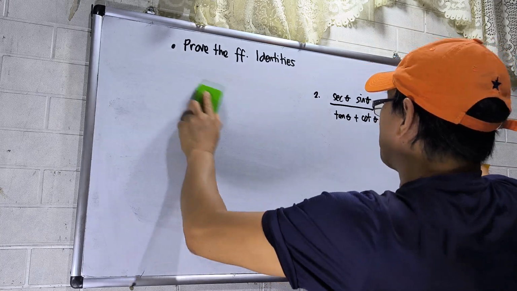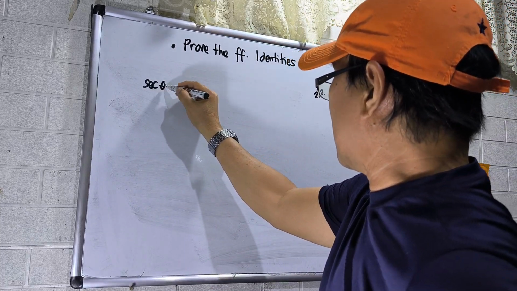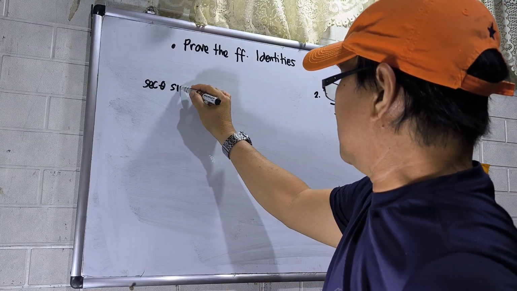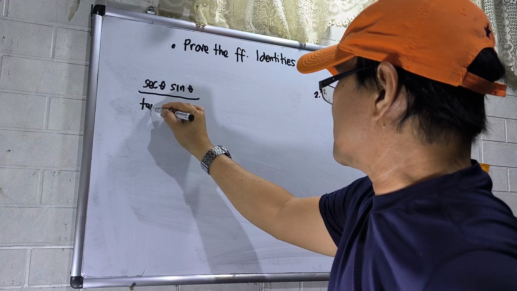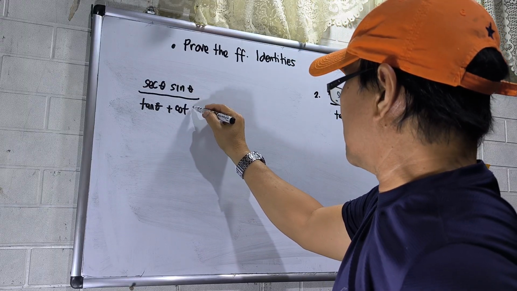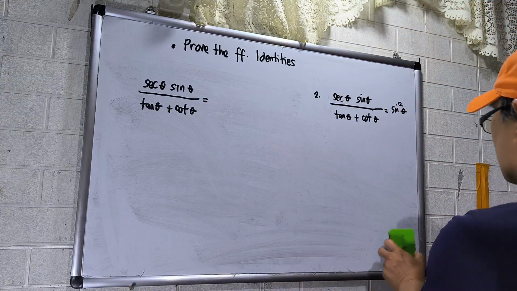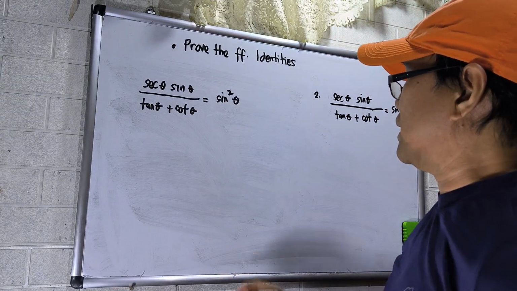Okay, number 2. Secant theta sine theta over tangent theta plus cotangent theta is equal to sine squared theta.